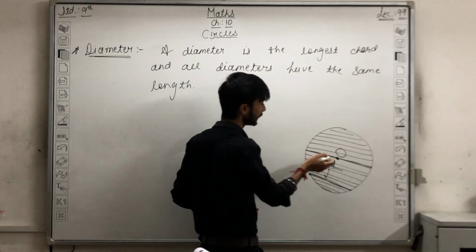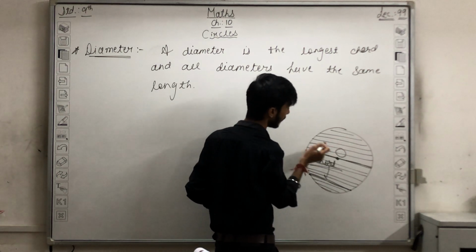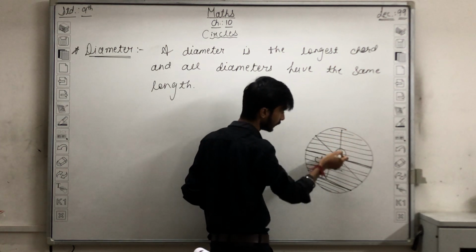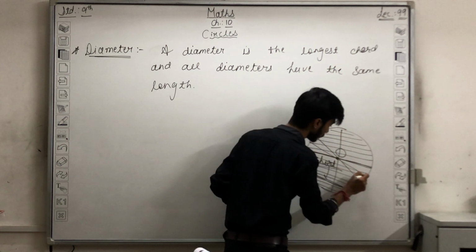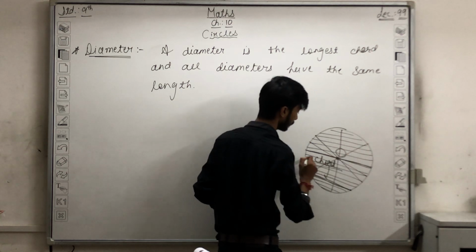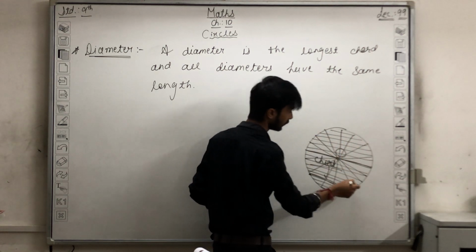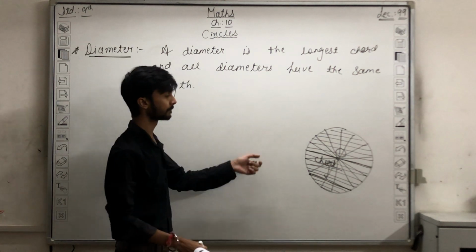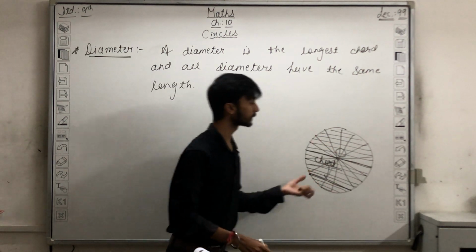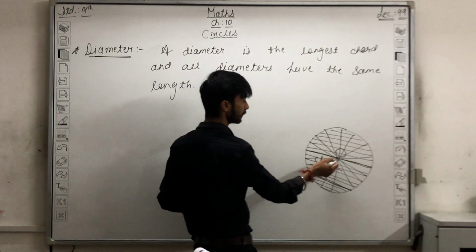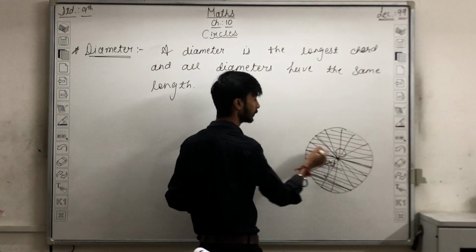Because there are infinitely many chords passing through the center of a circle. You can see. So all diameters have the same length. Obviously, as the radius also has the same length.